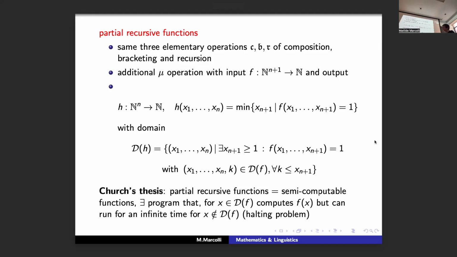This is part of Church's thesis: these partial recursive functions are those for which there is a program that terminates on the elements of the domain of the function, but of course it can run forever outside of the domain. So they're just semi-computable in this sense.